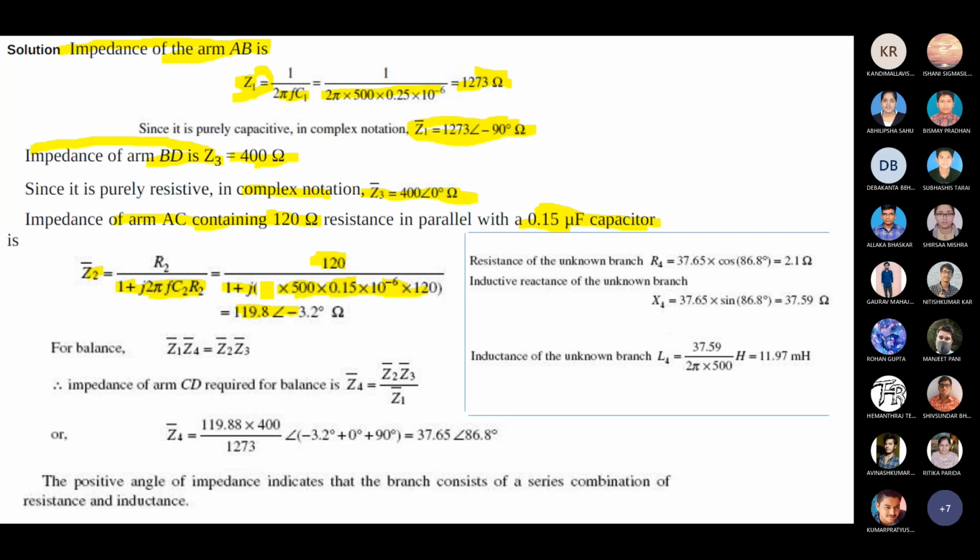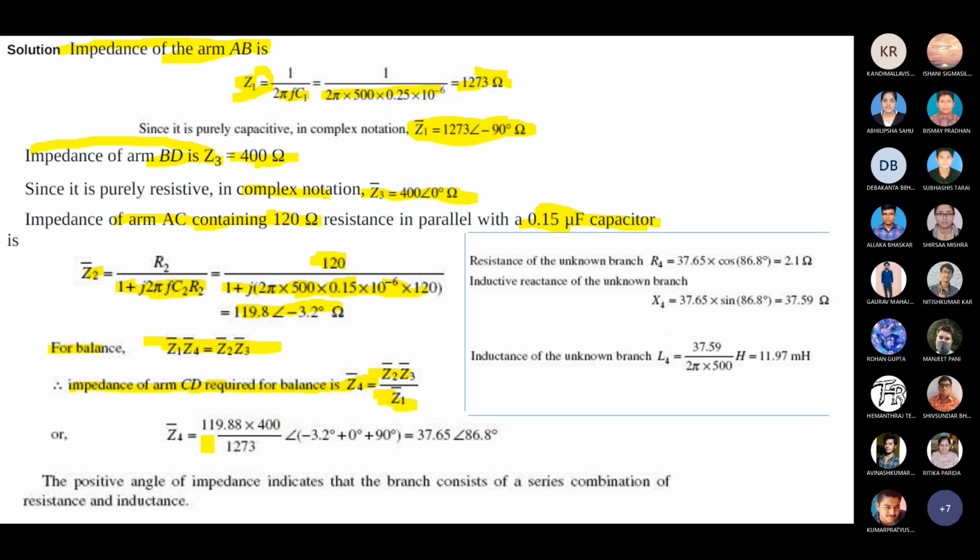Now you know that for the balance condition Z1 Z4 equals Z2 Z3. For the impedance of the arm CD required for balance, Z4 equals Z2 Z3 whole divided by Z1. Replacing the values, Z1 is 1273 with the angle of minus 90, and Z2 is 119.8 with the angle of minus 3.2 degree ohm.